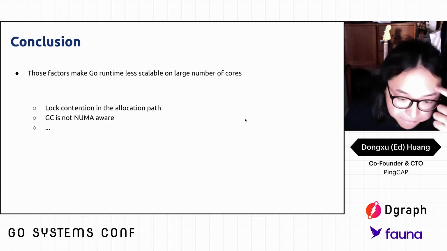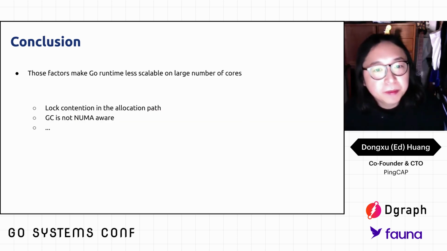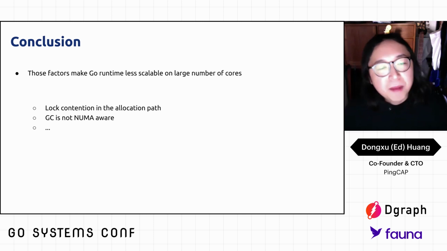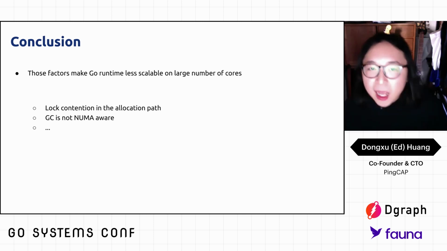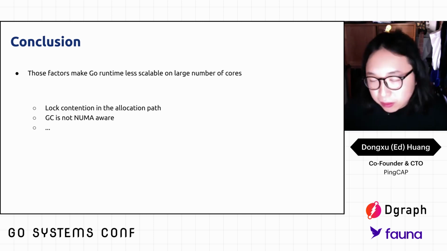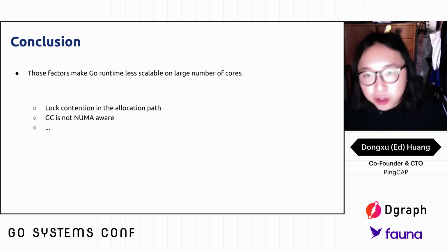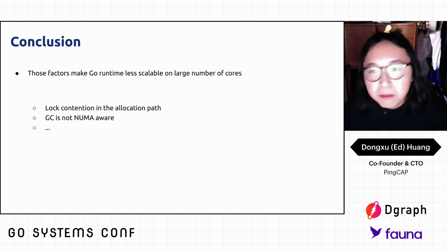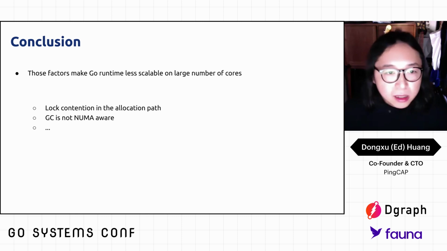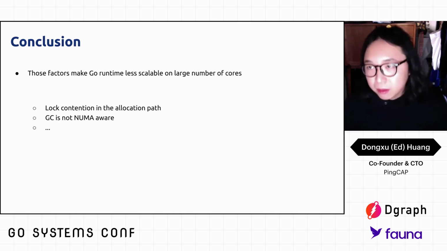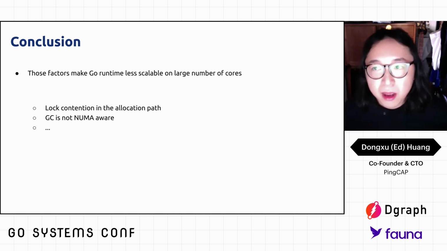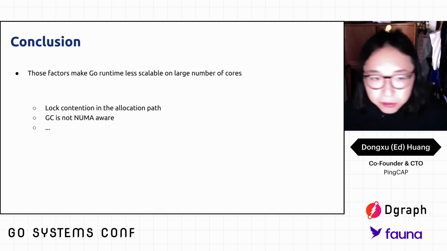Okay. So these factors make the Go runtime less scalable when you have a machine with a large number of CPU cores. This is the problem. We don't have a very elegant solution.